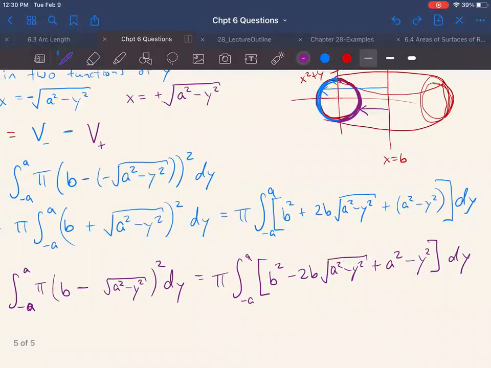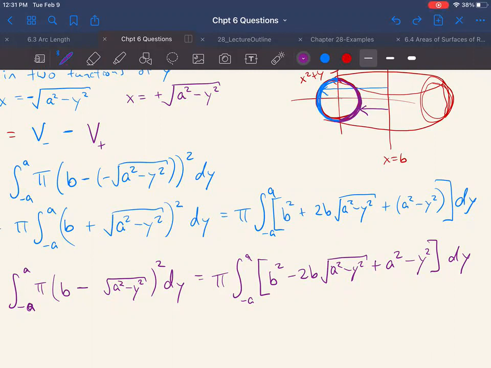And then if you do those two integrals, which shouldn't be too hard, especially since they tell you what one of them is, a squared minus y squared, that integral, you just have that 2b constant out in front of it. It's just the area of a semicircle, right? And then the other ones are just the integral of b squared, which is just b squared y.